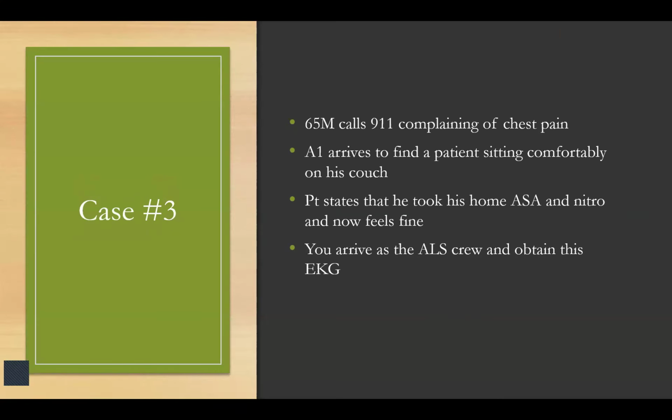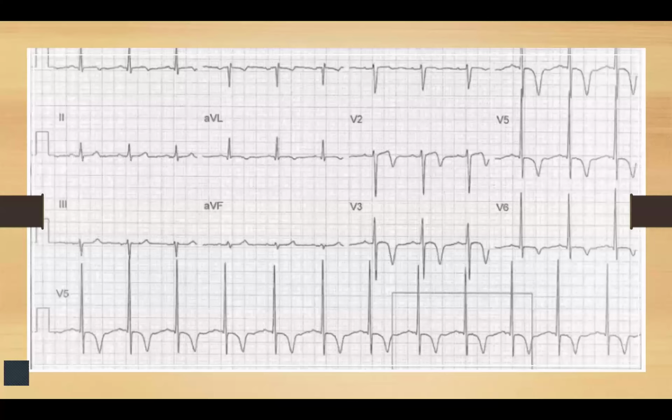Okay, so this is a 65-year-old complaining of chest pain. You find the patient comfortable on his couch. He says he took aspirin and some nitro. You do your due diligence and you get a 12 lead. And that's what it looks like.